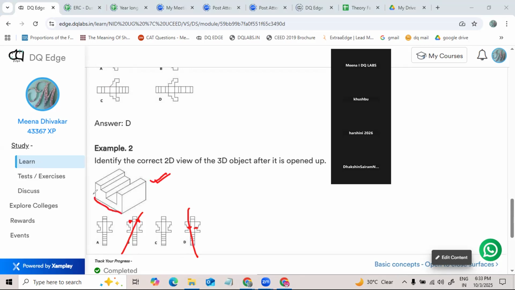It's 1, 2, 3, 4, 5, 6, 7, 8, 9, 10, 11, and that side it will be 12. The back side you can't see, no? Okay, ma'am, got it, that's 12. So 12 surfaces. See which option will give you 12. Is it A or C?